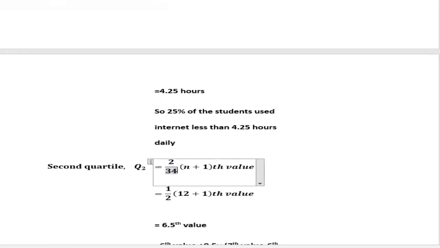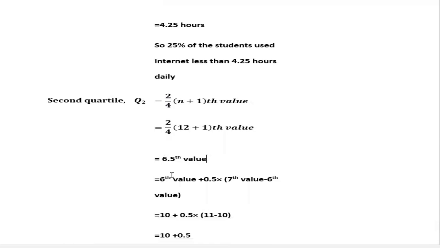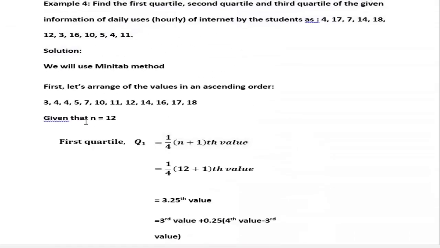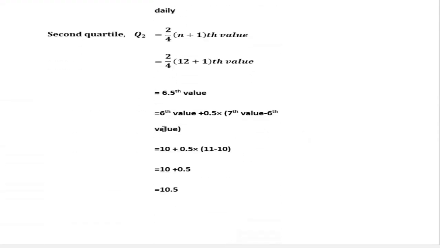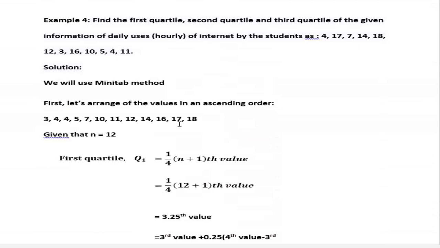For quartile 2, we use the same formula as before: 2 over 4 times n plus 1, and if you do it, we will get the 6.5 value. What is the sixth value? Go to the data: 1, 2, 3, 4, 5, 6. So the sixth value is 10. We put 10 for the sixth value, plus 0.5 multiplied by the seventh minus the sixth value. What is the seventh value? After 10, the seventh value is 11.